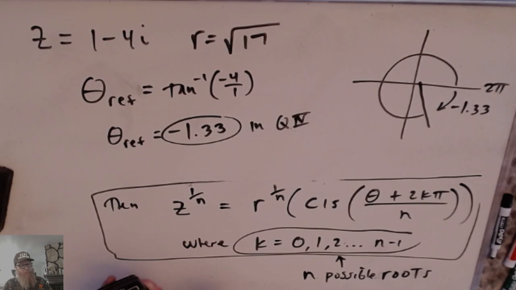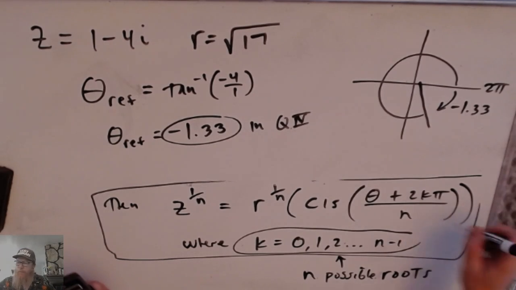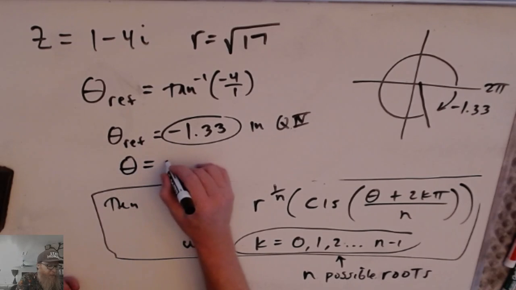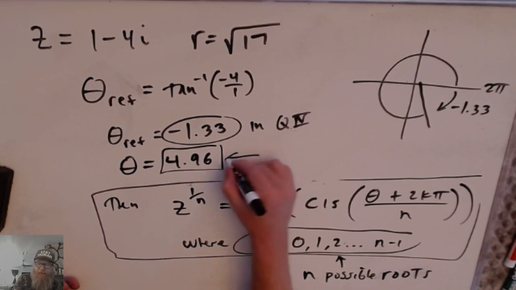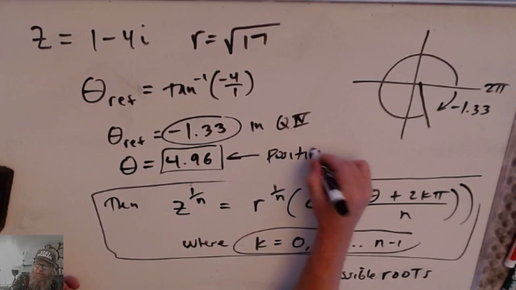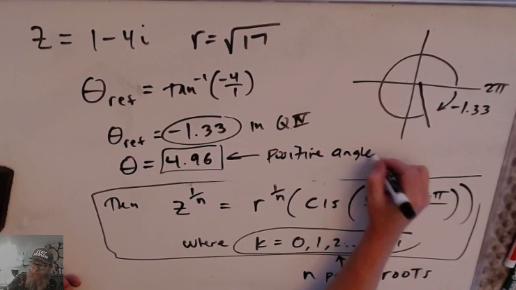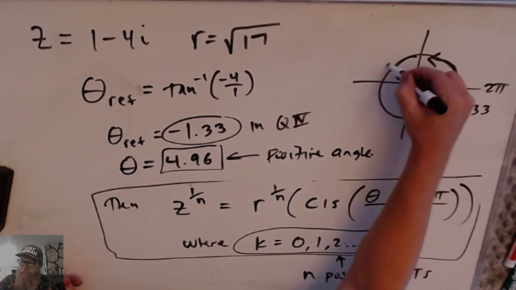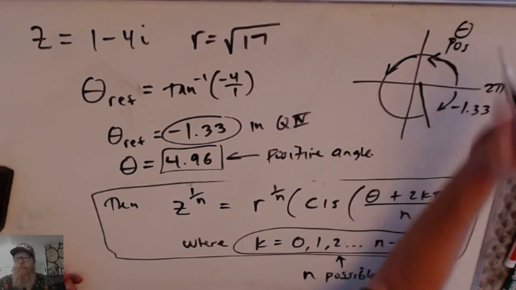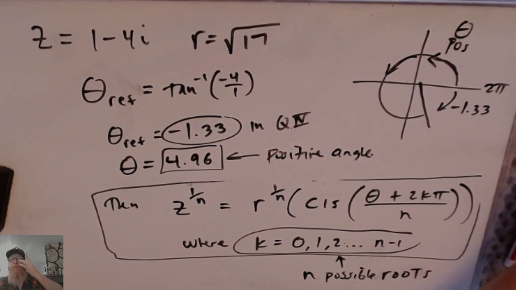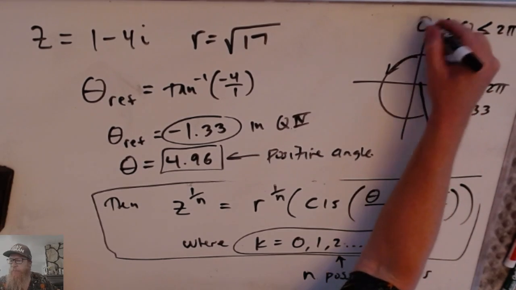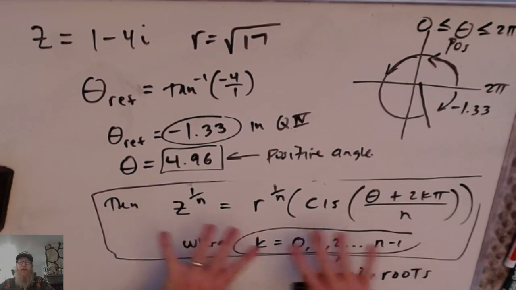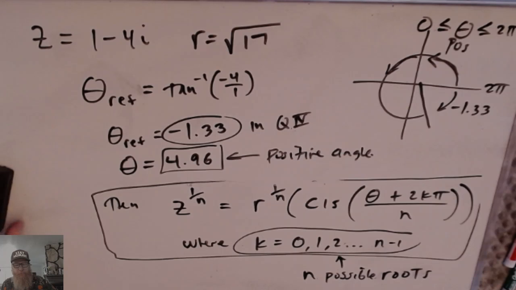So that's going to be theta, 4.96, a positive angle. We're going around this way. I want theta to be less than 2 pi if possible. To use this formula, it's very important that you have your theta in the right form.